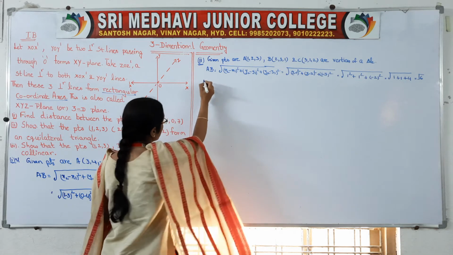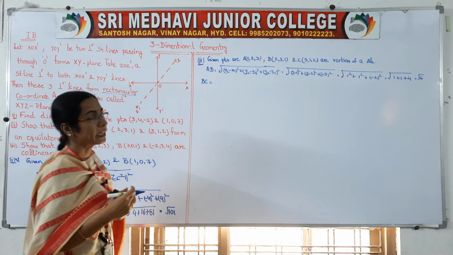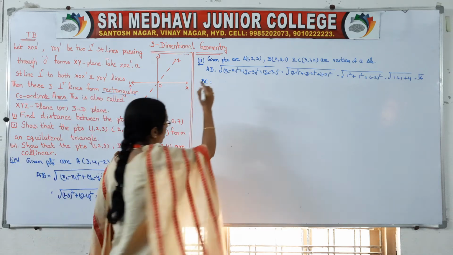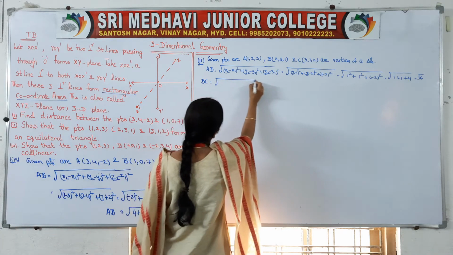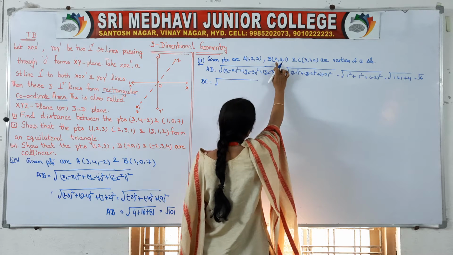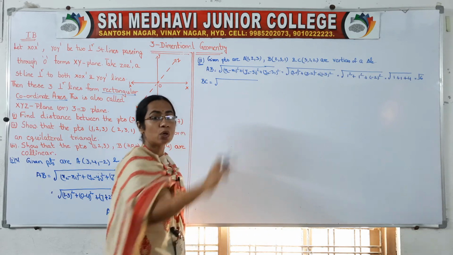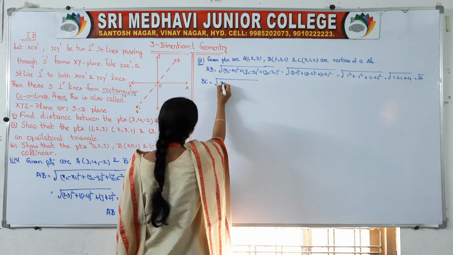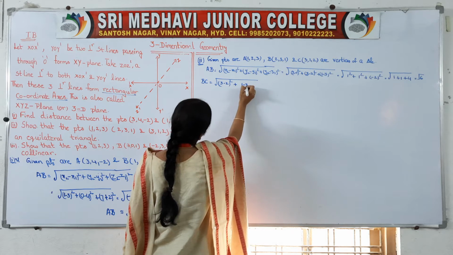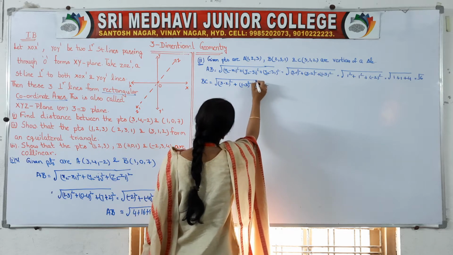Okay, similarly you find out your BC. No need to write the formula again and again in the problem, once is enough. So now directly you take the values. For BC, consider B point as x1 y1 z1 and C point as x2 y2 z2. So it is 3 minus 2 whole square, 1 minus 3 whole square plus 2 minus 1 whole square.